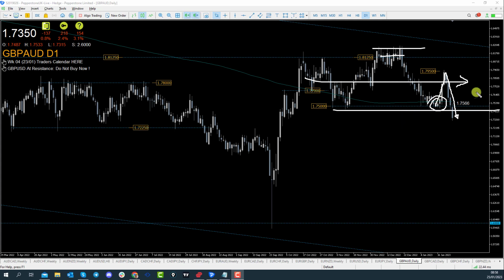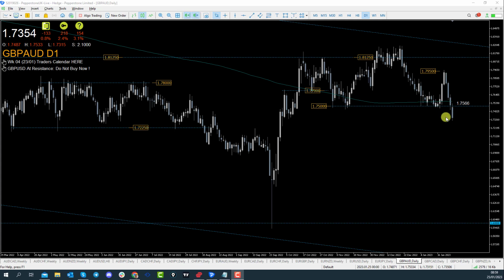So this might be one to watch coming up in the future, because if the pound is going to reject 1.24 and the Australian dollar is going to remain strong, then price could continue to trade lower here. What I would want to see though is two closes below this 1.75.